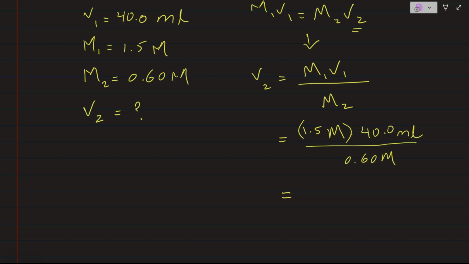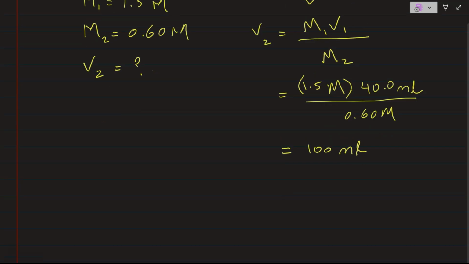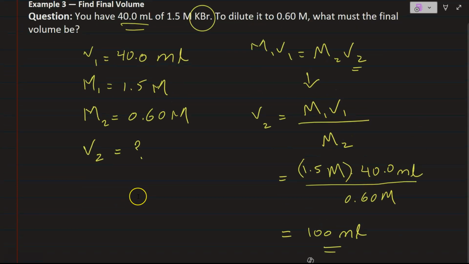The answer is 100 milliliters. That would be the volume after the dilution. All right, so this is it. Just watch out for the units, but other than that, you use the dilution formula, straightforward. Make sure you're solving the equation properly for the variable that is missing. Other than that, this is straightforward.